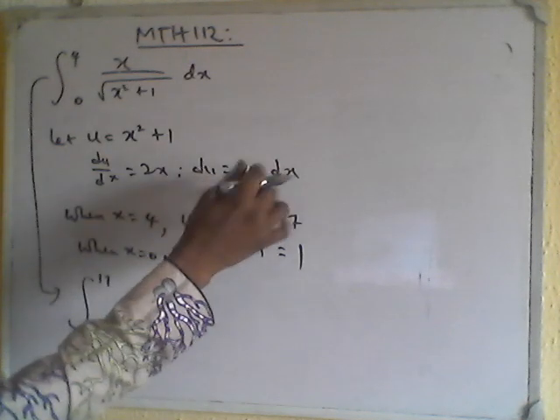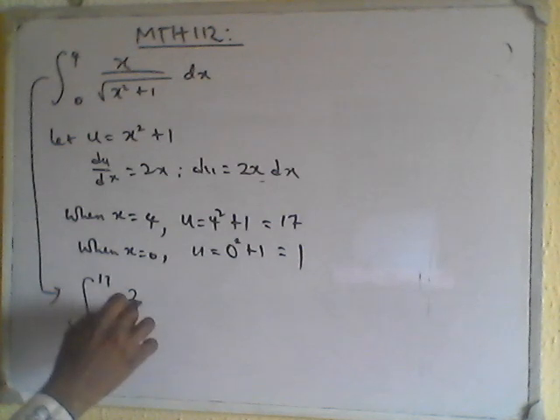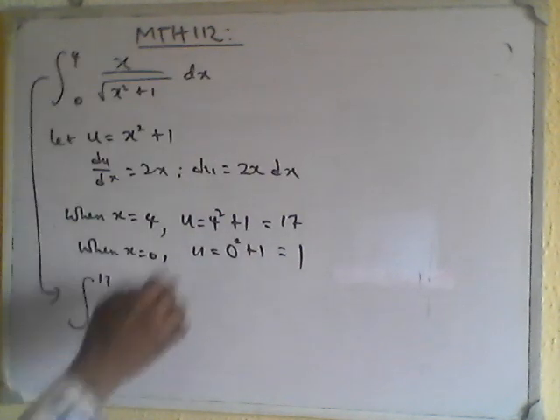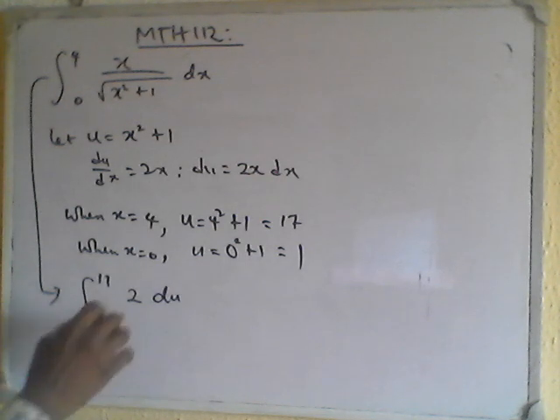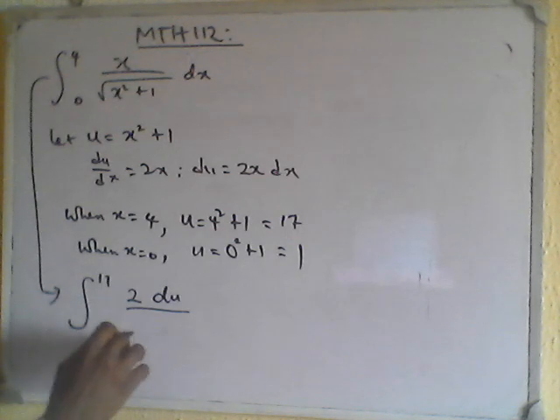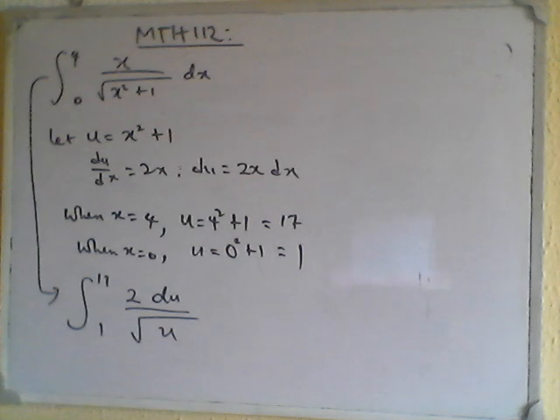So x dx, this is x dx, but there's a 2 in front of it. So I can put the 2, it's a constant. Instead of having x dx like I have here, I'll have du up, right? Then I will now say, all over square root of u.